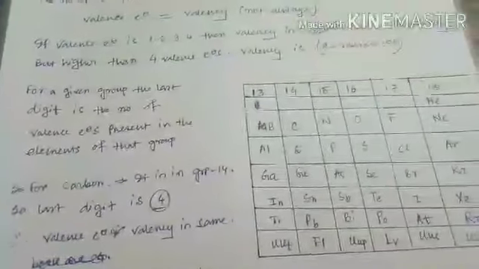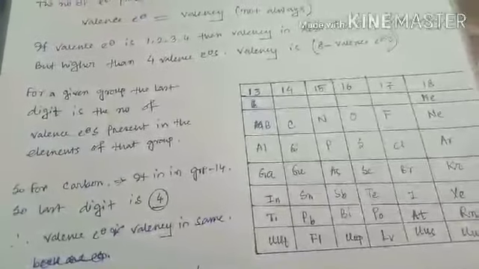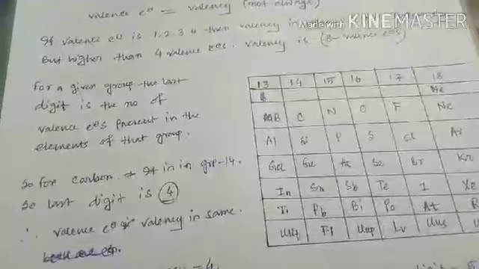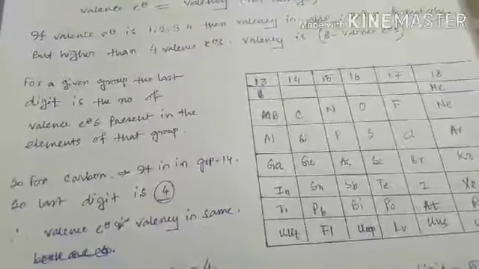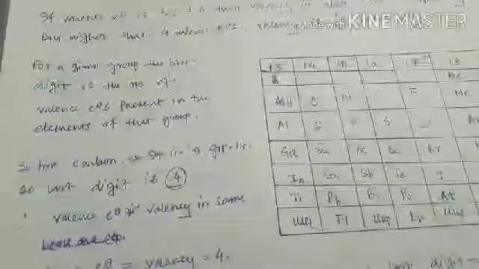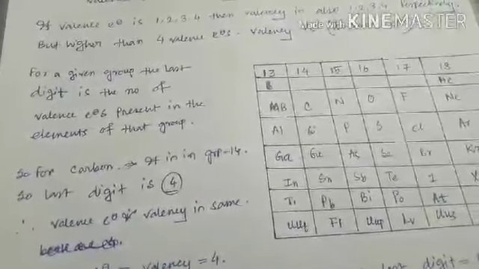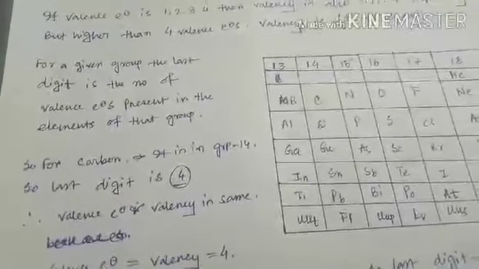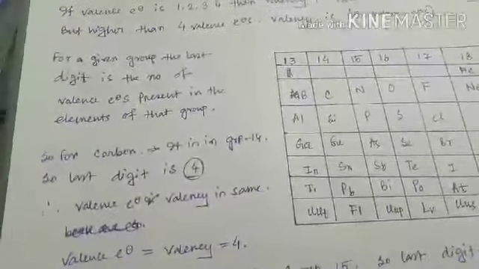For a given group, the last digit is the number of valence electrons present in the elements of that group. Suppose group number 13, the last digit is 3. So the number of valence electrons will be 3 for group 13 elements.